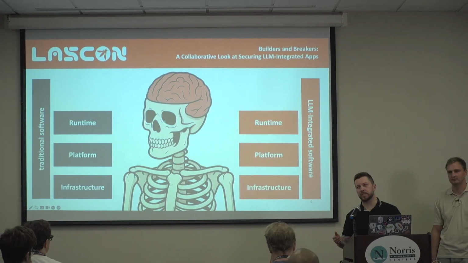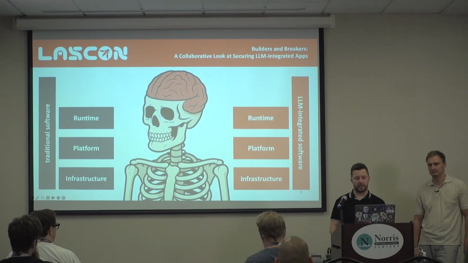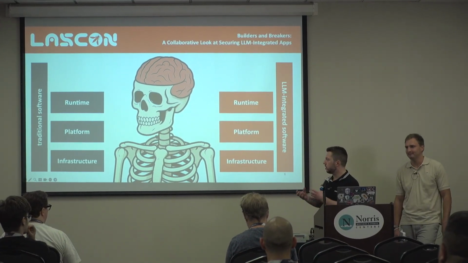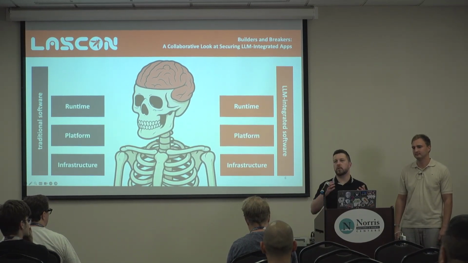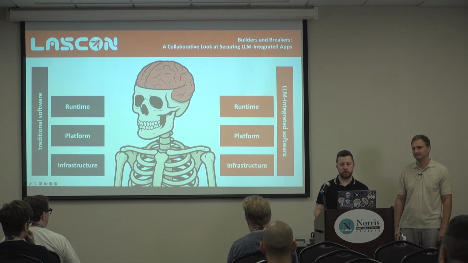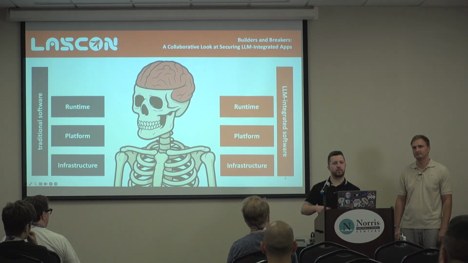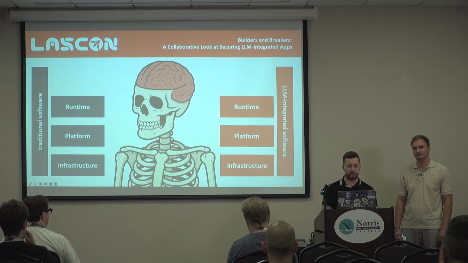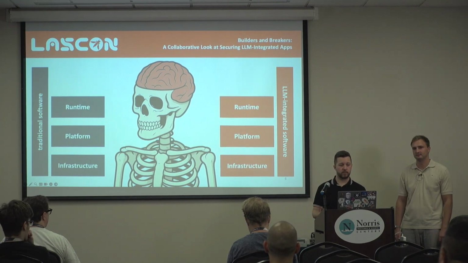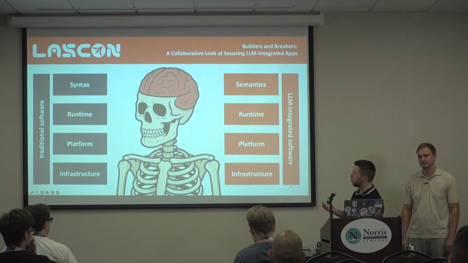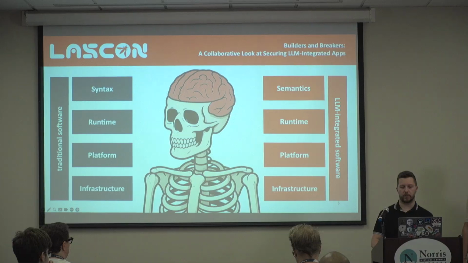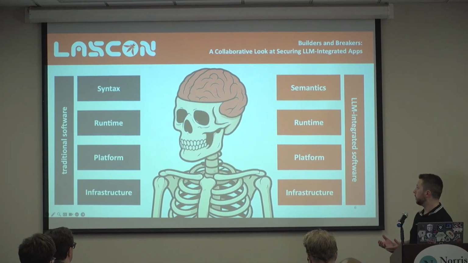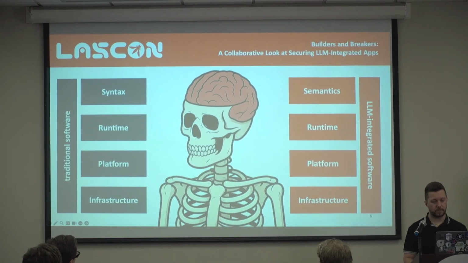Runtime, mostly the same. Of course, we now have context windows wider than we had before, but also mostly remained the same. We're running on the same front-end frameworks. We're running mostly on the same back-end frameworks. It didn't change really. So what did really change? We don't have syntax only anymore. We're also working with semantics in our application architectures.